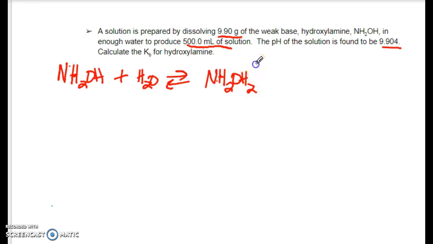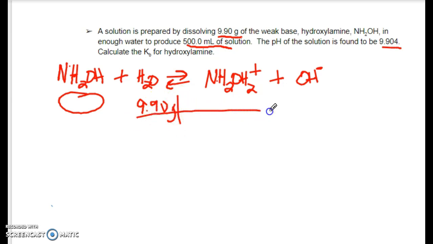That's going to become a plus because it's added another hydrogen, and if we take a hydrogen off of water, we're left with hydroxide. So normally we start with a concentration here. We're going to have to calculate that one this time from our data.